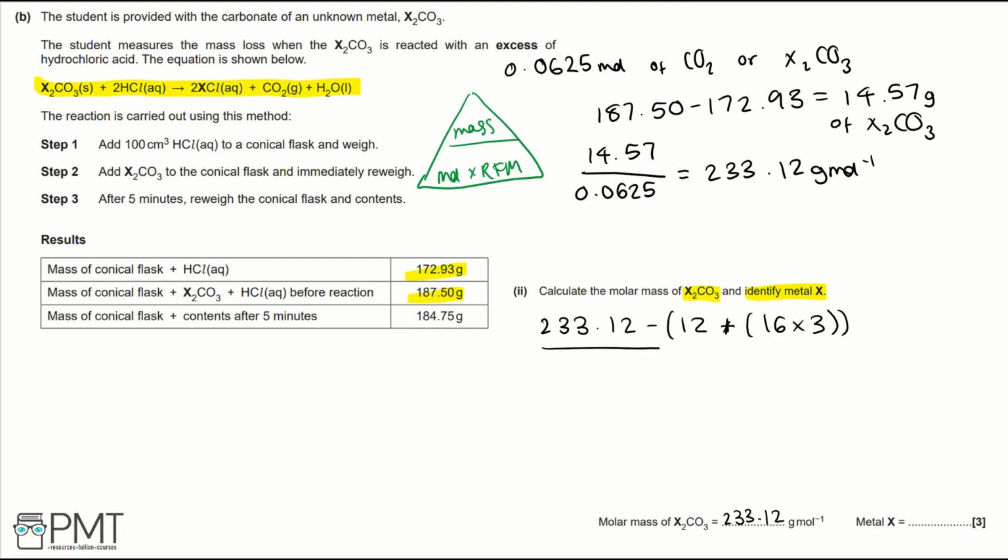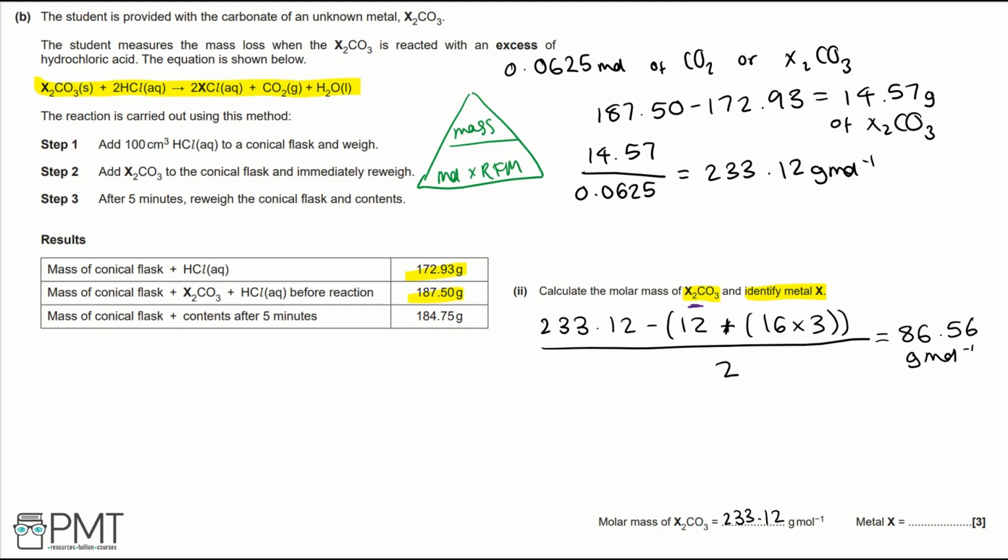And then we want to divide by 2, because we have two X's in our molecular mass. So dividing by 2 will give us the relative atomic mass of 1 X. And that's going to be equal to 86.56 grams per mole.